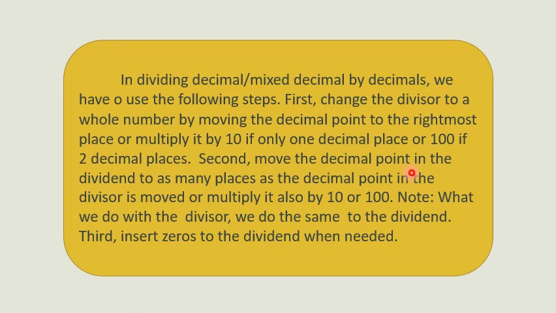Kung isa lang ang move natin sa divisor, isa lang din ang i-move natin sa dividend. Tandaan natin, what we do with the divisor, we do the same with the dividend. Third, insert zeros to the dividend when needed. Pag halimbawa may remainder pang natitira, dagdag lang tayo ng dagdag ng 0 sa dividend para makahanap tayo ng pinaka answer natin na walang remainder.